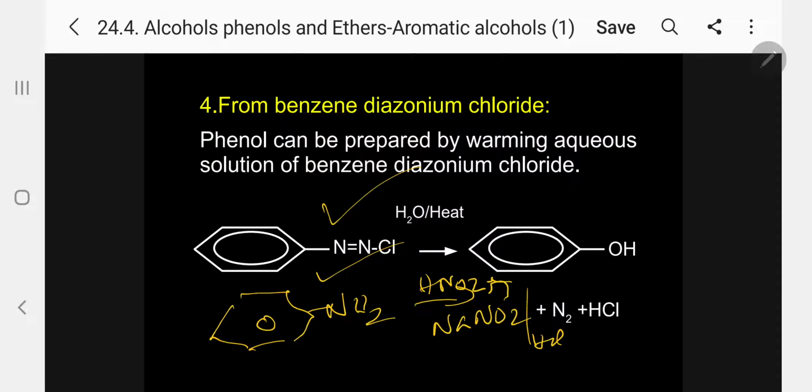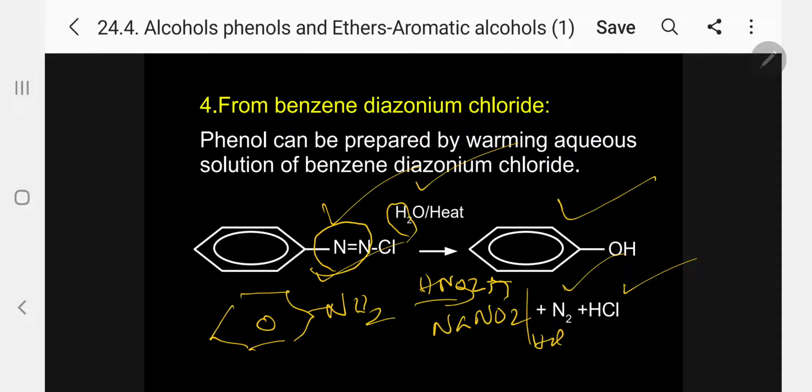When this diazonium chloride undergoes hydrolysis with heat, nitrogen escapes in the form of gas and Cl is substituted by OH from water. So we get phenol, nitrogen gas and HCl.